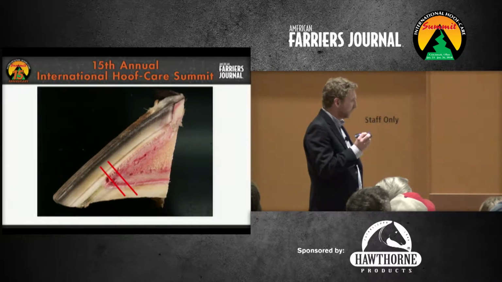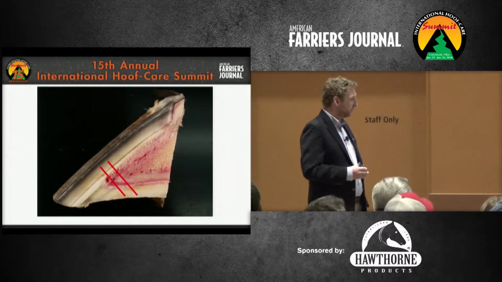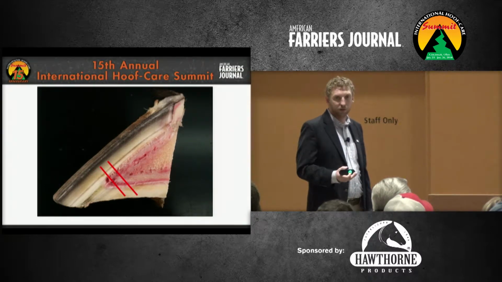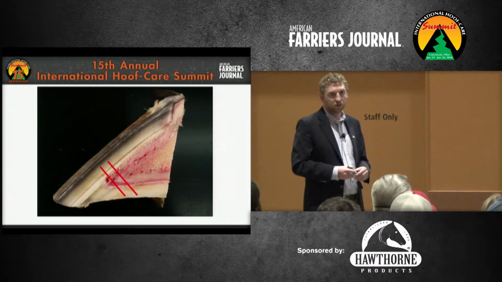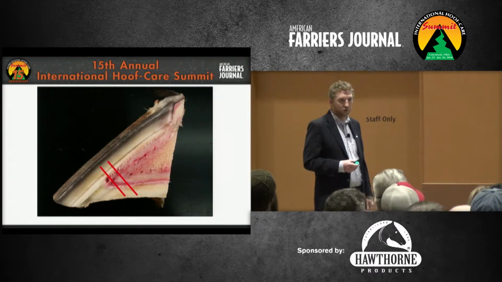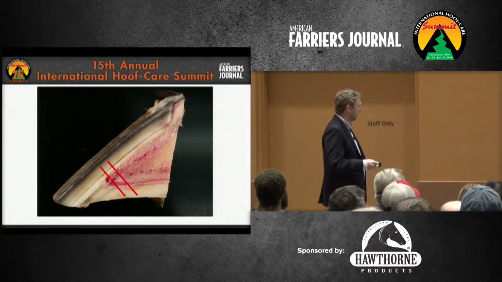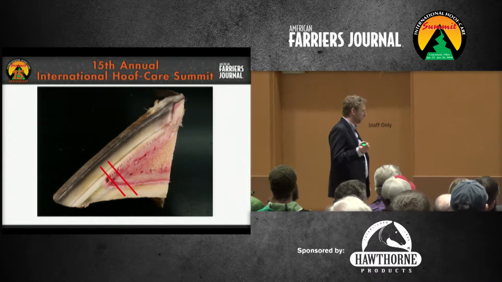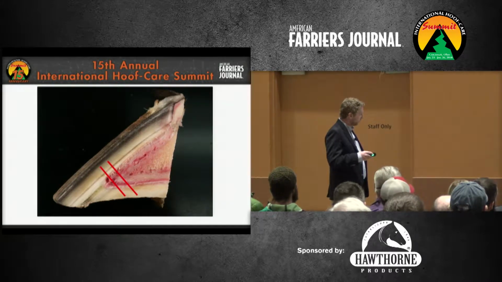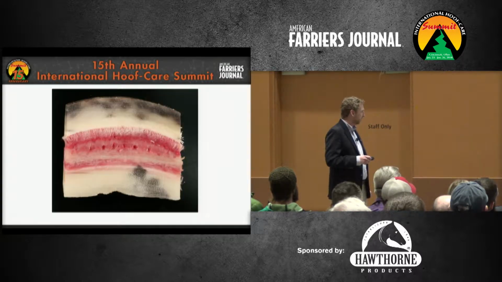Our aim was to get a specimen right through the crina itself and look at it histologically to see if there was a difference or a defect, or specifically what was going on. So we took a bunch of cadaver limbs of horses that had crinas and did not have crinas, cut them, then cut a sample out of here roughly 3 to 5 millimeters thick. We ended up with a little sample that looks like this.